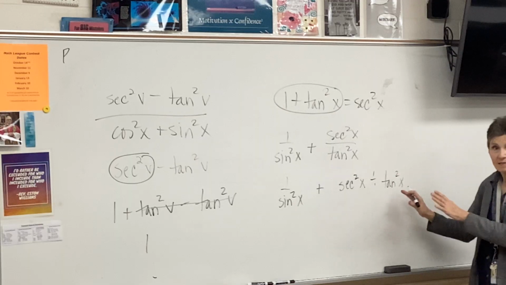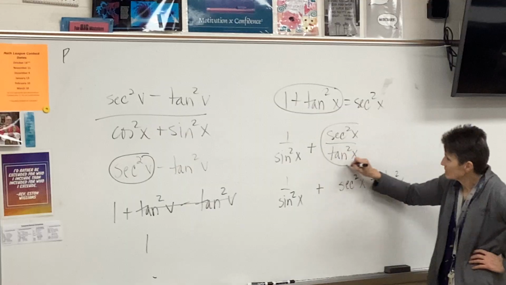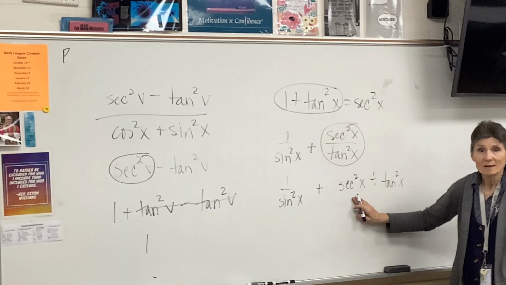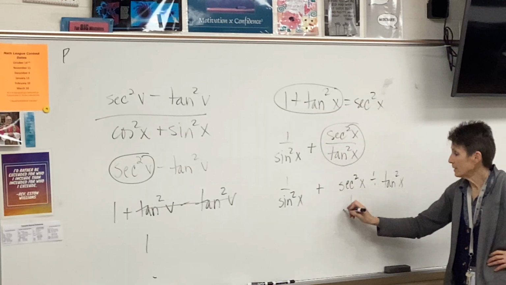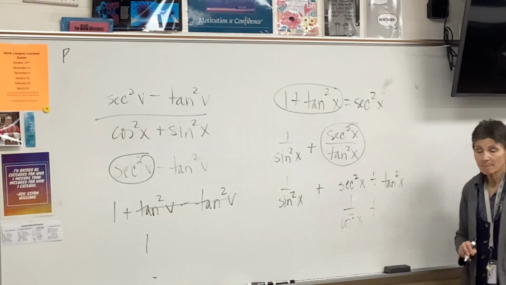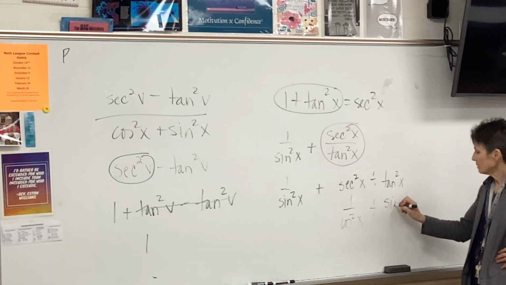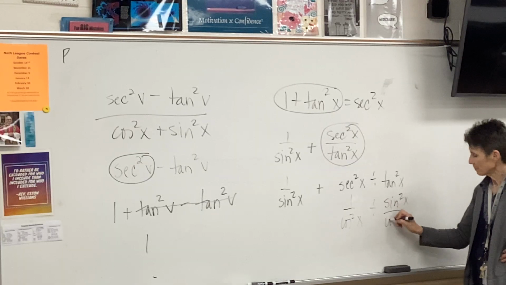I want to simplify this. So what do I know about secant squared? I'm just working on this fraction right here. What do I know about secant squared? It's 1 over cosine squared, divided by, what's this? Sine squared over cosine squared.